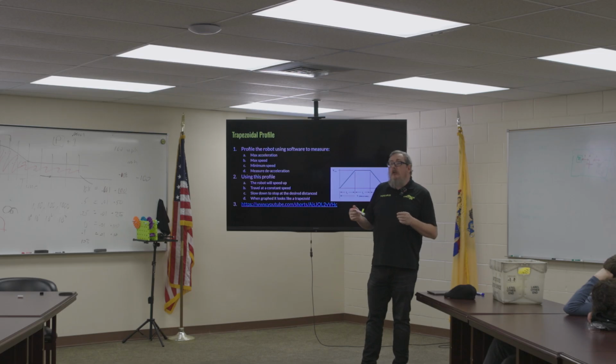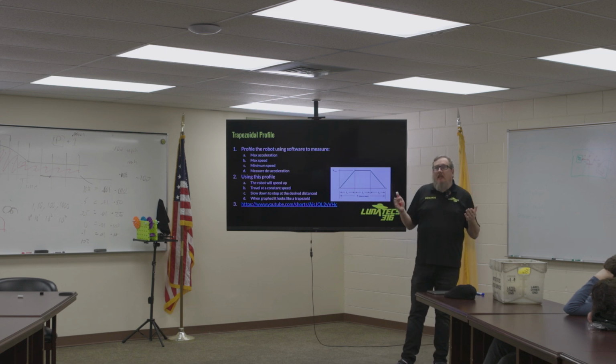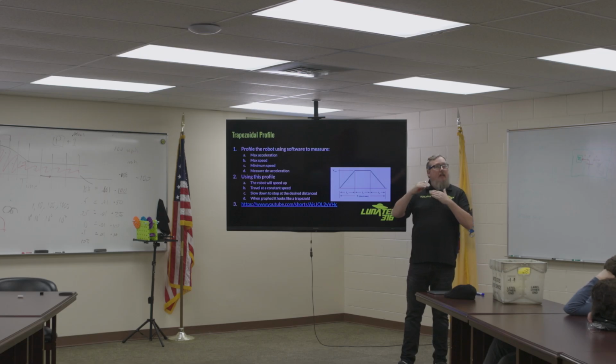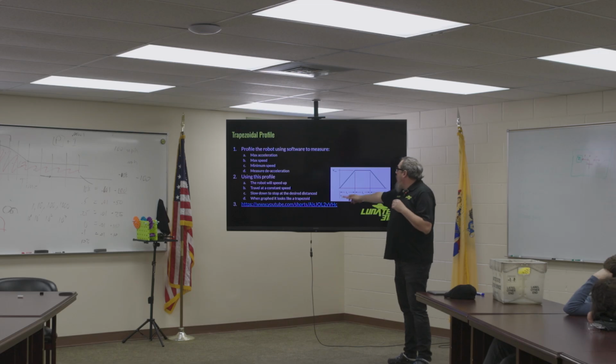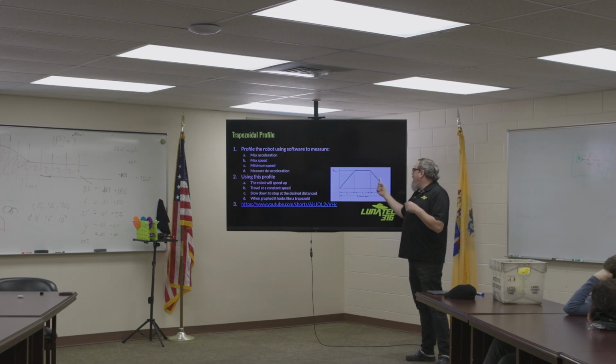So if I want the acceleration to be, I don't know, 0.1 meter per second, I can measure that, and I can adjust how much power I give to the motor based off of that, right? I can then measure a constant speed, and I can adjust the error based on that constant speed by doing very tiny little PID loops, and then decelerate.